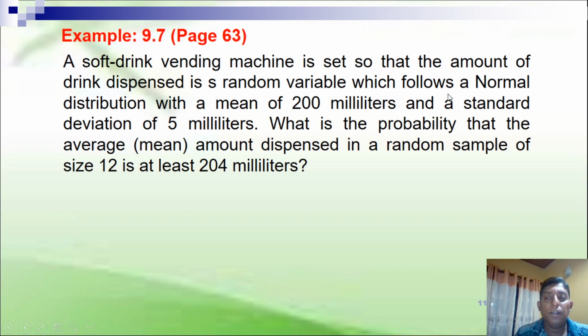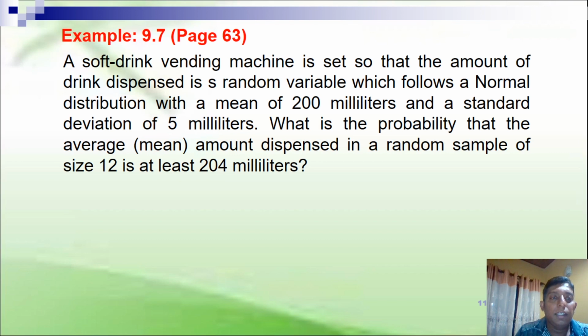Those values follow a normal distribution with mean 200 milliliters and standard deviation of 5 milliliters. Then it asks: what is the probability that the average amount dispensed in a random sample of size 12 is at least 204 milliliters?